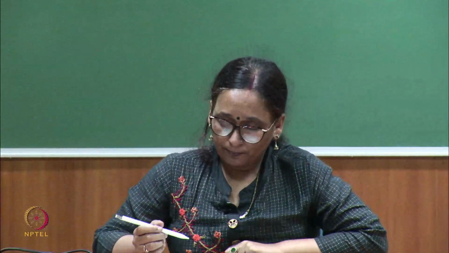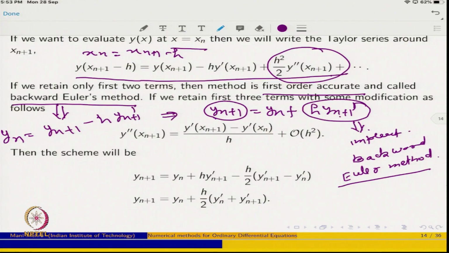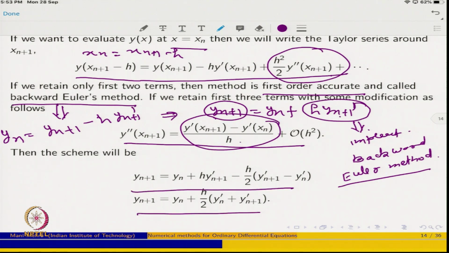Now if I wanted to retain 3 terms, that is the only idea with some modifications. So, I am writing y' in the following way. I will use the following approximation for the derivative. After substituting this value here, I get this, which is basically the same difference equation which we have seen in the case of the trapezoidal method.